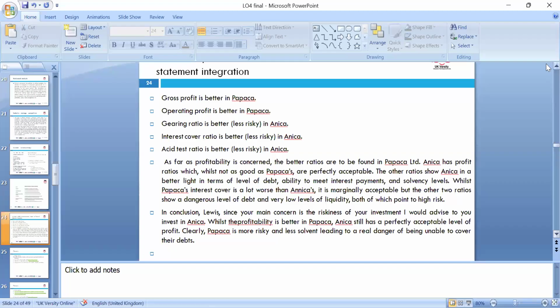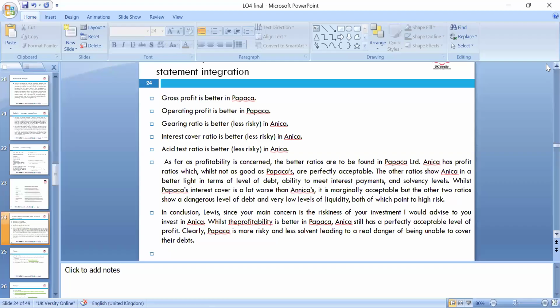Okay, gross profit is better in Paprika if we look at these two companies, and Paprika's operating profit is better. When we look at the gearing ratios, Anika's is better, and also Anika's interest cover ratio and asset test ratio. In the light of all these ratios, Paprika is highly risky, and the return is only 2% different, but you're taking very high risk for only 2%.